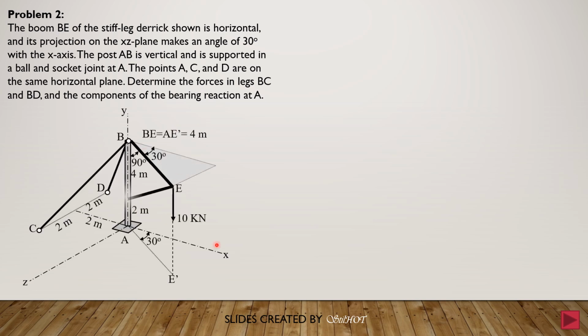So this is the figure, and remember it is stated that this BE is horizontal, parallel to the XZ plane, and it makes an angle of 30 degrees with the x-axis. So this is the projection of BE on the XZ plane. The length of AE is also 4 meters. This is cosine 30 degrees.